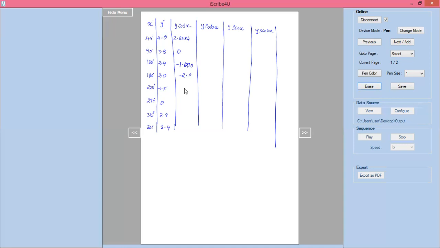Next one, minus 1.5 into cos 225 is 1.0606. Next one should be 0, and next one should be 1.9798, and next one should be 3.4.